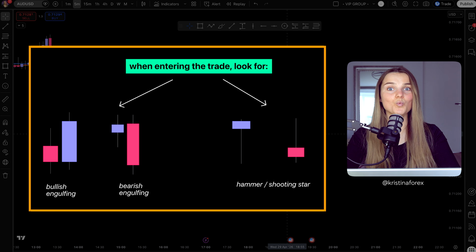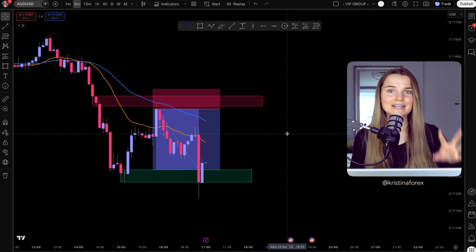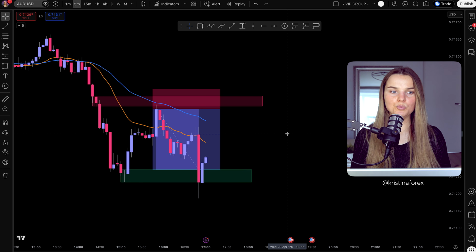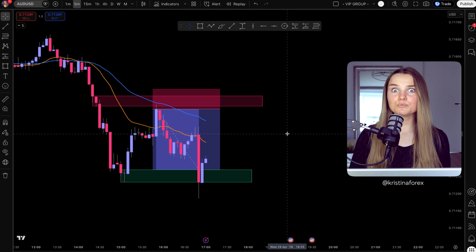Hammers also work beautifully in this particular trading strategy and in trading in general, because if you see one of these candlestick closures next to a supply or demand level, you immediately know that the pressure is still there in the market, and whether it's a long or short trade, the buyers or sellers are ready to push the price further down or up. So I think you should look for bearish, bullish engulfing candlestick closures, hammers, and Marubozu also work extremely well.